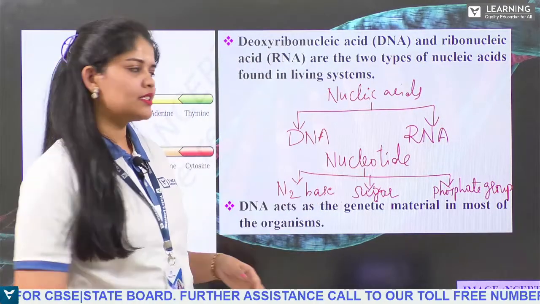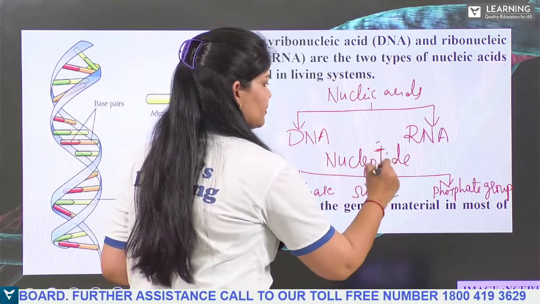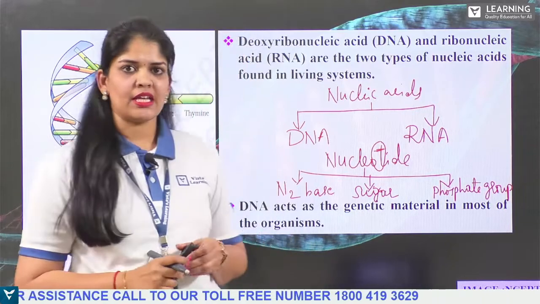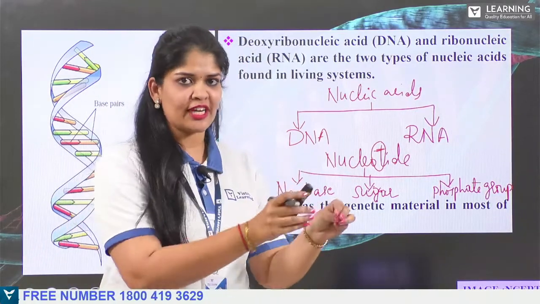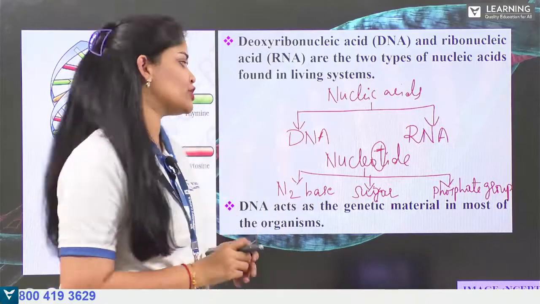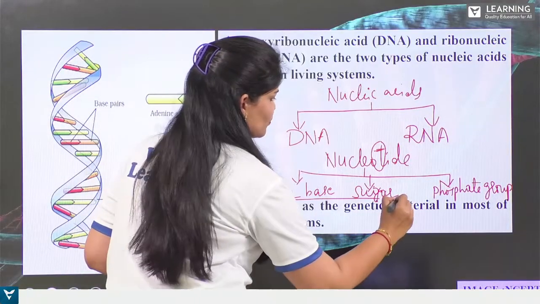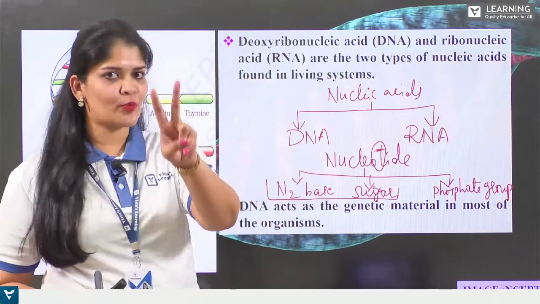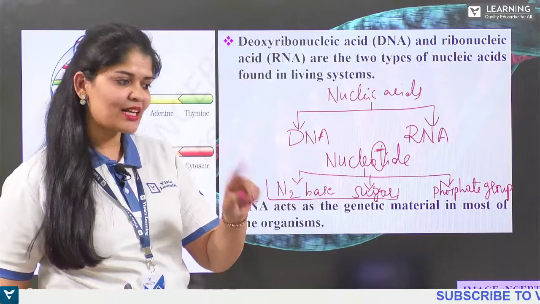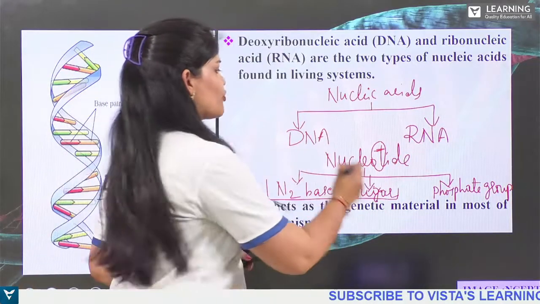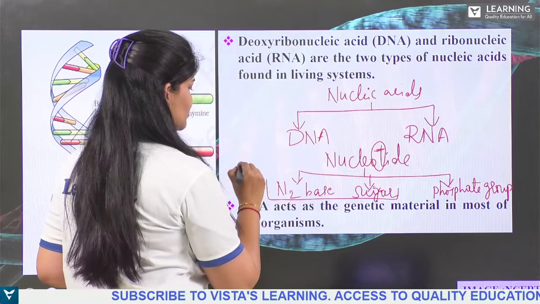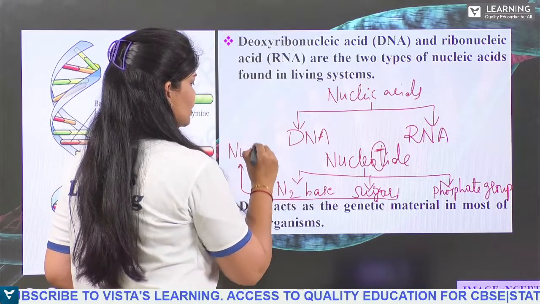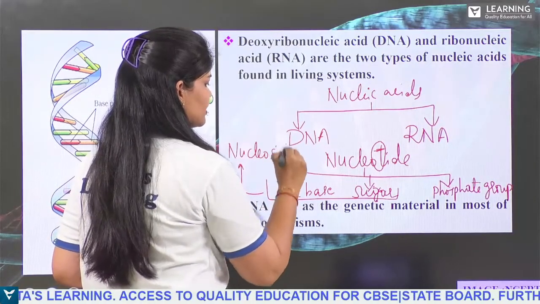There is a small tip to remember. Most students get confused between nucleoside and nucleotide. Nucleoside is a combination of nitrogen base with sugar. It has two components in it. When nucleoside combines with phosphate, it forms nucleotide. So nitrogen base and sugar, we call a nucleoside.